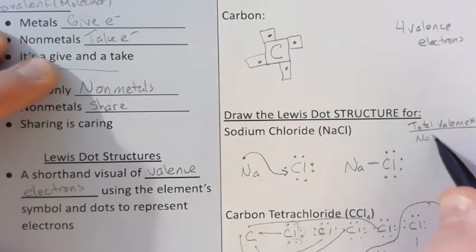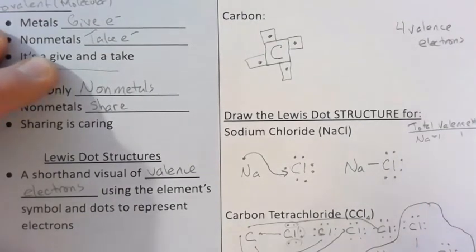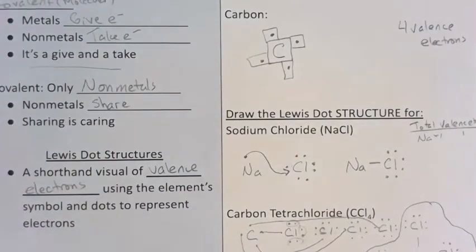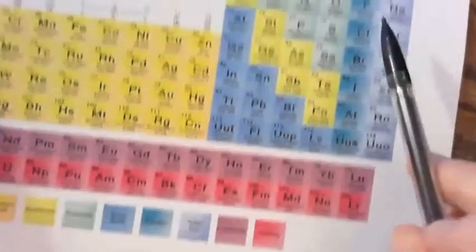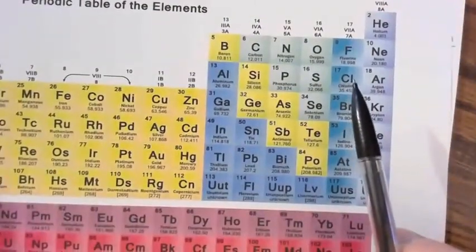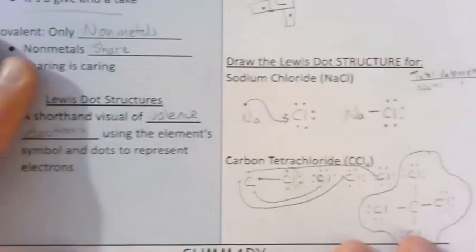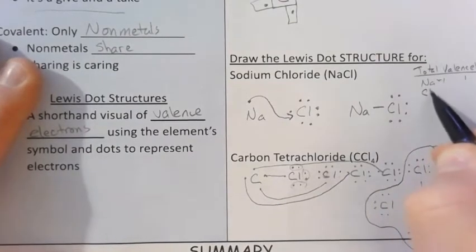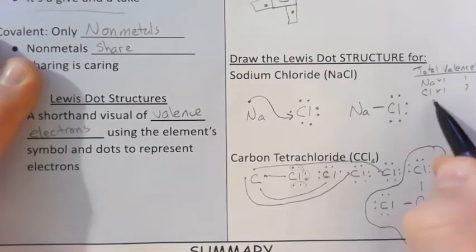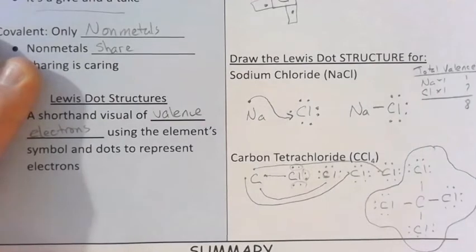So sodium brought 1 valence electron. And then we've got 1 chlorine, which is right here in group 7, and it brought 7 valence electrons, so we had a total of 8.